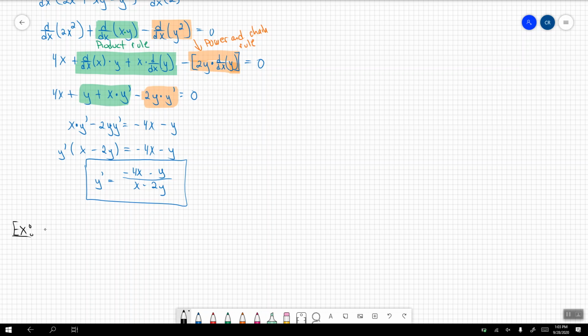In this example, again, I want to find dy dx where y to the fifth plus x squared y cubed is equal to 1 plus x to the fourth times y.